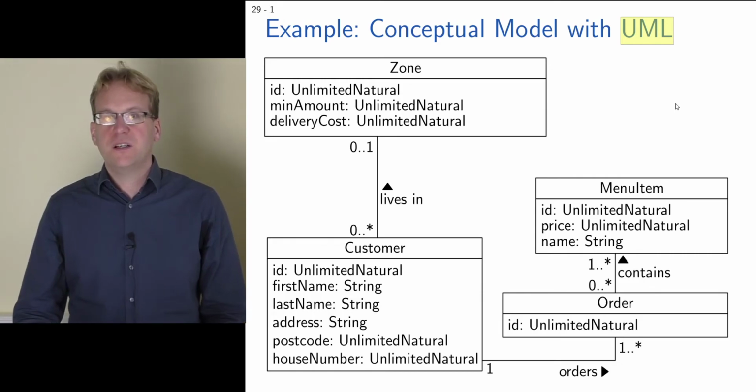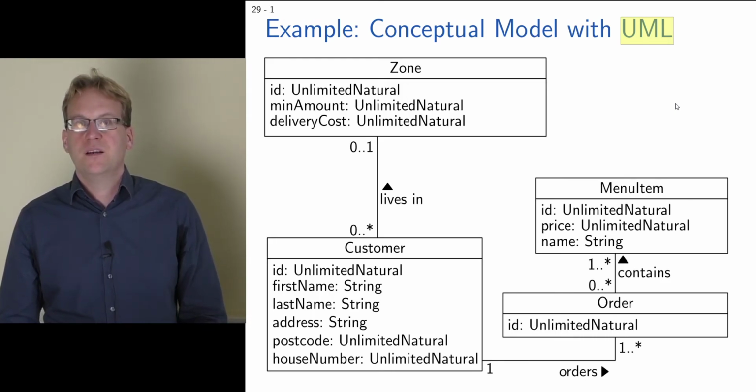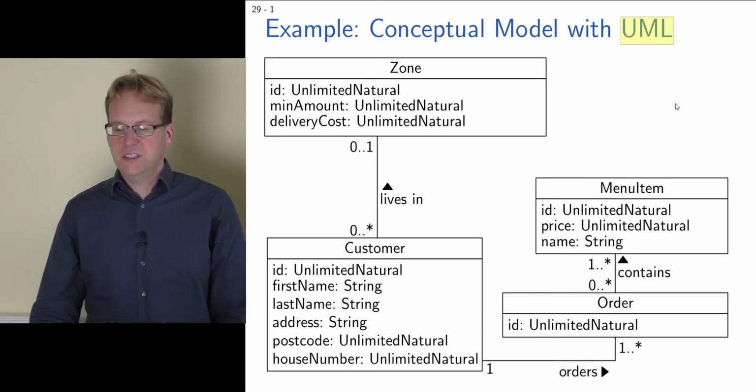UML is the Unified Modeling Language, which is a set of diagrams that allow you to model these conceptual models. I'm using in particular the UML class diagrams. And that is shown here.